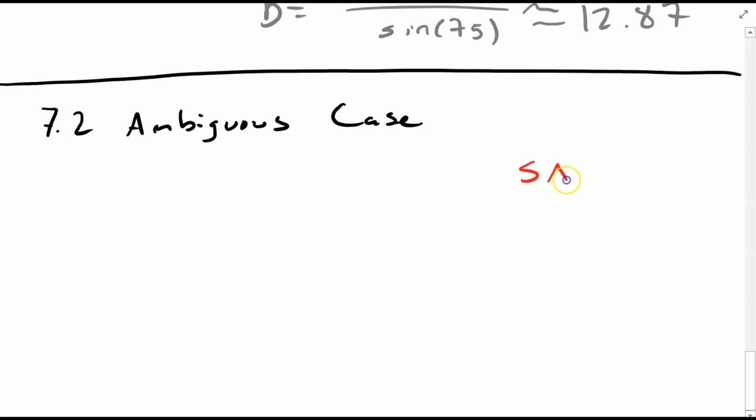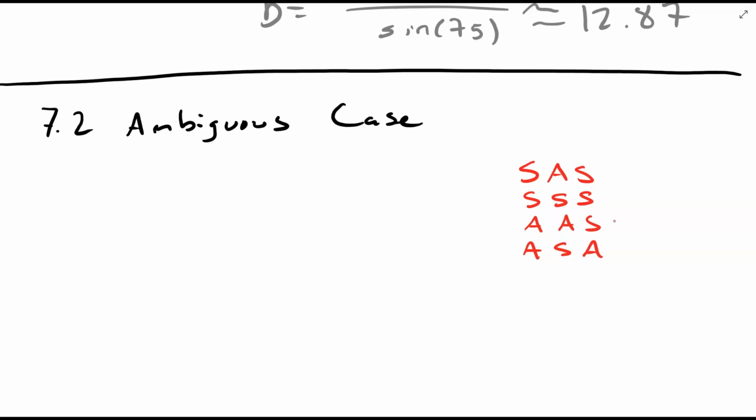So there was side, angle, side, I heard somebody say. Yep. Side, side, side is another. Angle, angle, side is one. Oh, side, angle, side. We had that listed already. Angle, side, angle is another. Angle, angle. That wasn't a congruence theorem. That was a similarity theorem.